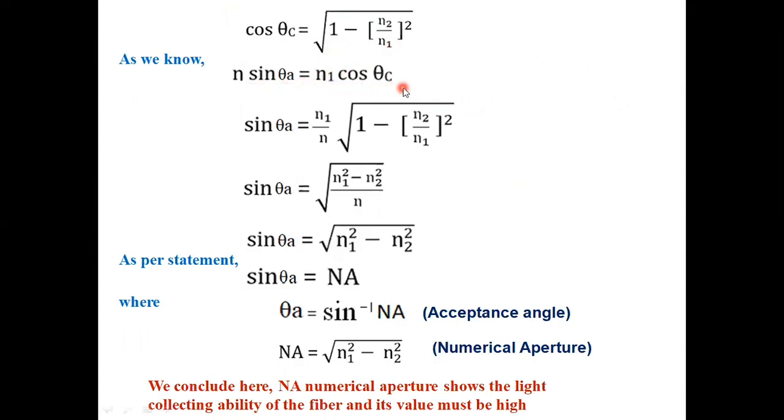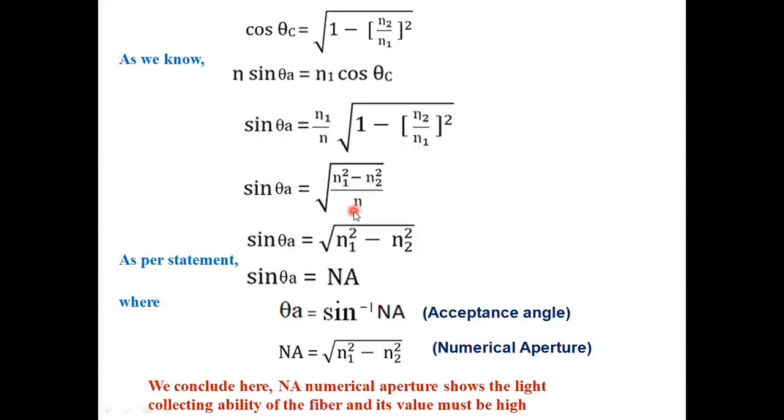As we know already, n sin theta a equals n1 cos theta c, so sin theta a equals n1 by n times square root of 1 minus n2 by n1 whole squared. That can be expanded as n1 squared minus n2 squared by n1 squared. The n1 squared we can take out of the square root, it becomes n1 and cancels, and n comes into the denominator. So sin theta a equals square root of n1 squared minus n2 squared, divided by n.